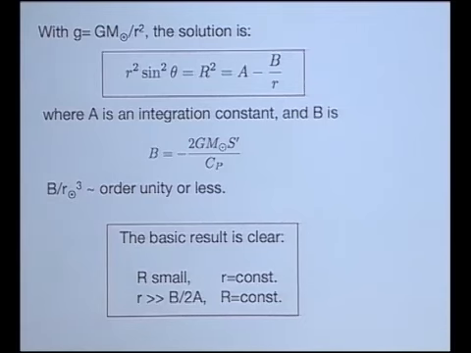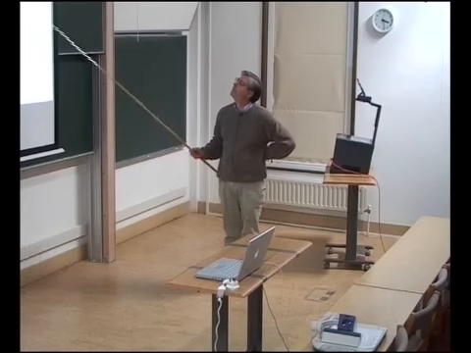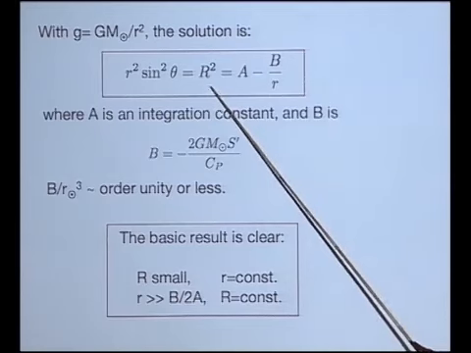Typically, you can estimate that b over r cubed is a dimensionless quantity, and if I substitute a value of the solar radius and take a representative value of s prime from the estimates which I gave earlier, then b over r cubed is of order unity or less. That's the number which is near 1 in this argument.